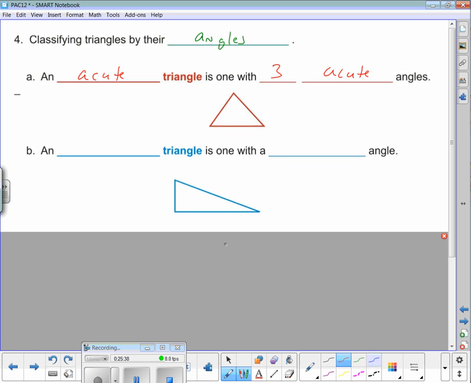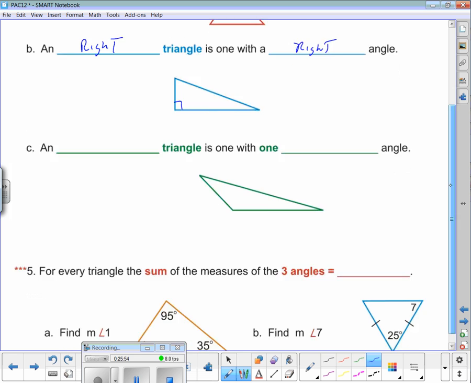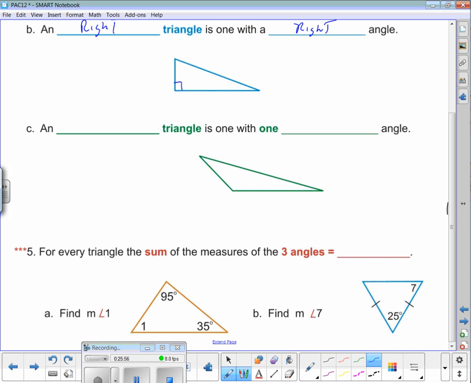Well, we know the second one. That is a right triangle, right? A triangle with one right angle. No need to spend any time there. And the last one is an example of an obtuse triangle, one with one obtuse angle.